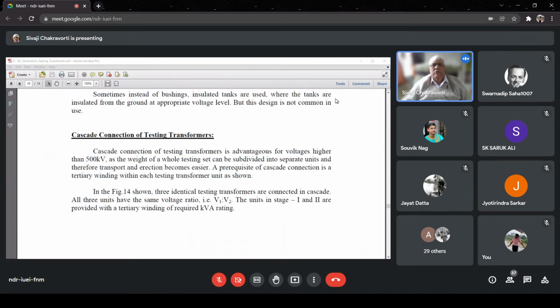Say, in a lab, I have to prepare a setup for 500 kV testing, let's say. Now I can buy one transformer which is of 500 kV rating. I can do that, isn't it? Yes, I can do that.